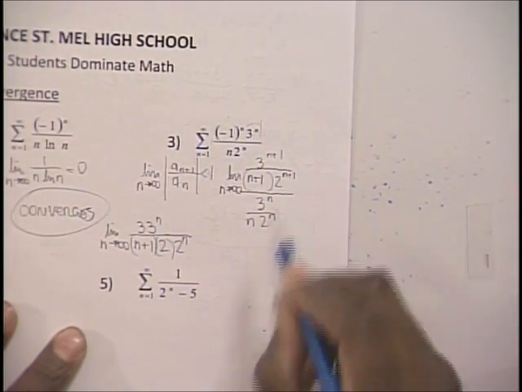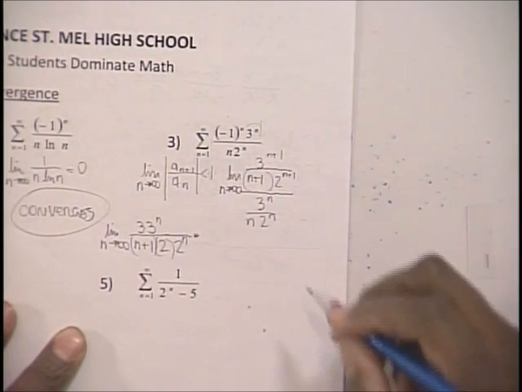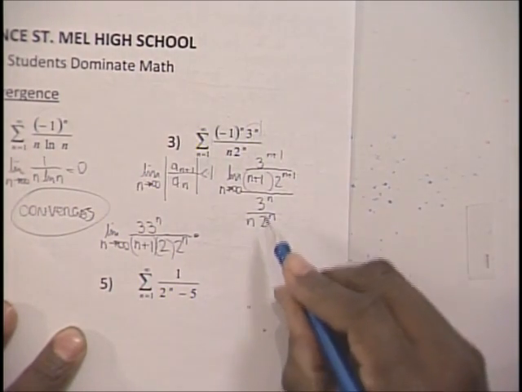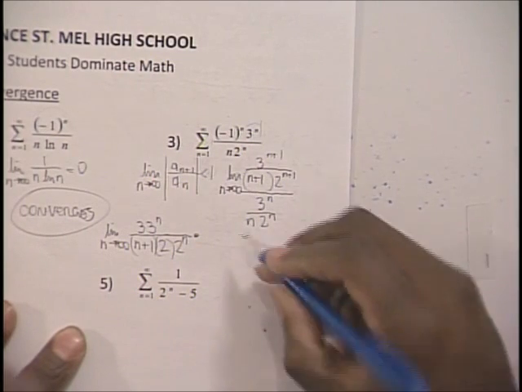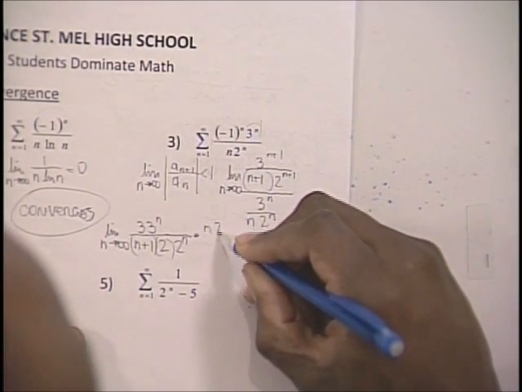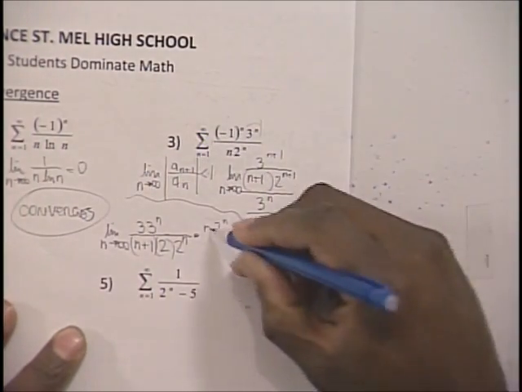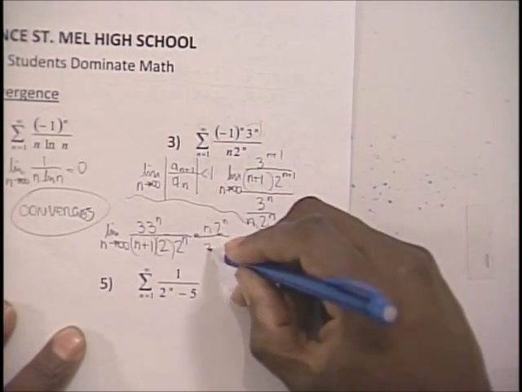This can expand into 2 times 2 to the n. And let's multiply that by, dividing fractions means multiplying by the reciprocal. So this would be n times 2 to the n over 3 to the n.